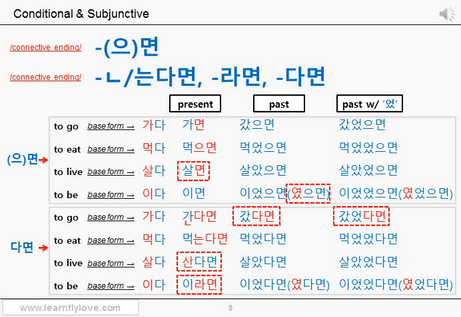It's 갔다면 and 갔었다면. 먹다, 먹는다면, 먹었다면, 먹었었다면. 살다, 산다면, it's not 살른다면, it's 산다면, and 살았다면, past tense, 살았었다면, past tense with the pre-final ending 엇. 이다, 이라면, not 인다면, it's 이라면, and 이었다면, or 였다면, and 이었었다면 or 였었다면. Please take a closer look at them again when you have enough time.